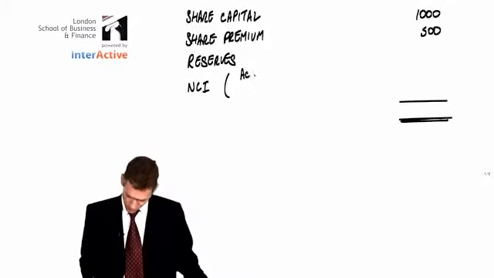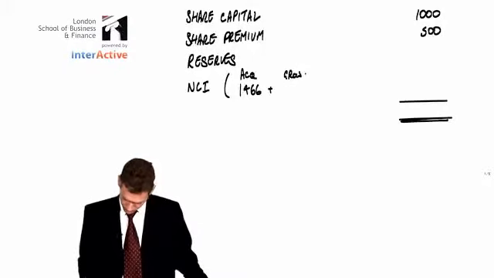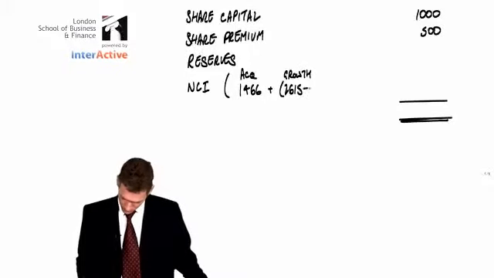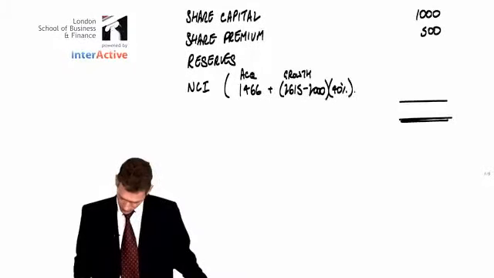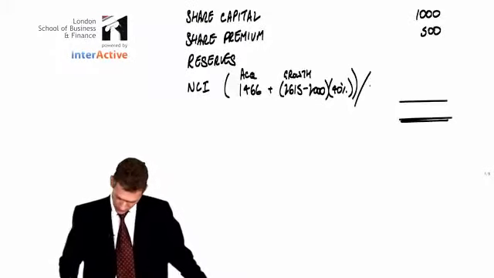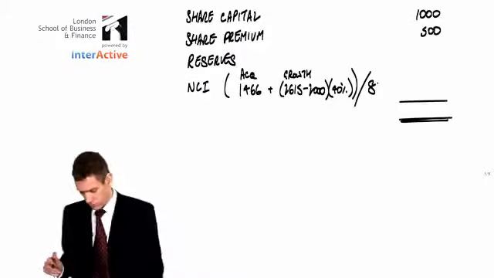So at acquisition, the NCI was a humongous 1466. The growth was 2615 minus 2, of which 40% is attributable to the NCI. And then that has to be divided by 8 because it's all in foreign stuff.